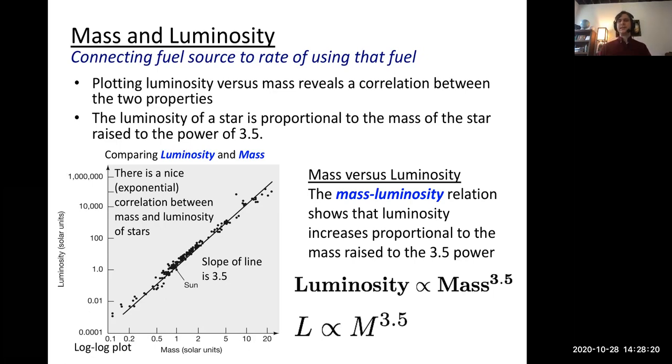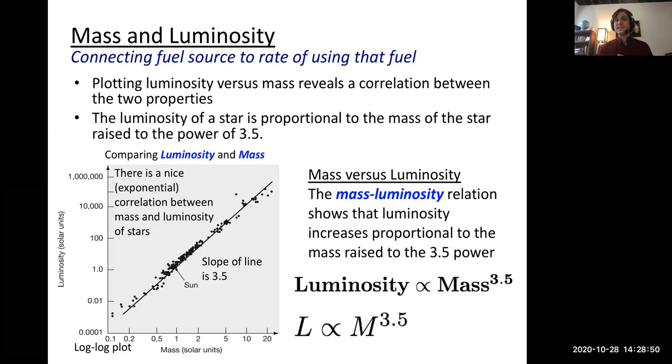This correlation is that the luminosity of a star is proportional to the mass of the star raised to the 3.5 power. Double the mass, and the luminosity would go up by 2 to the 3.5 power. You could go ahead and do that, but I'm not going to have you do that relation.